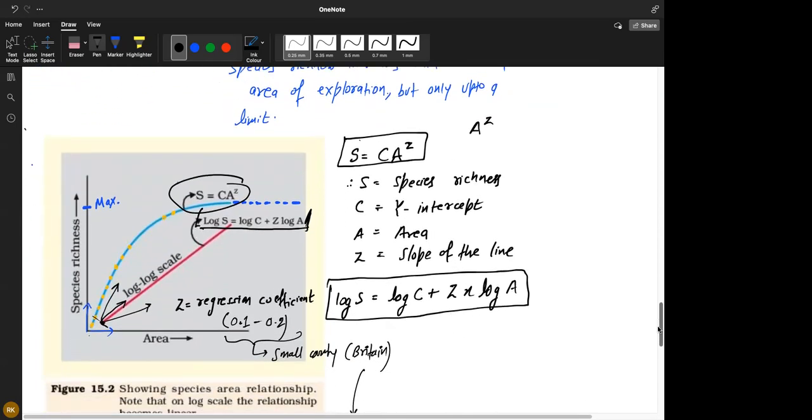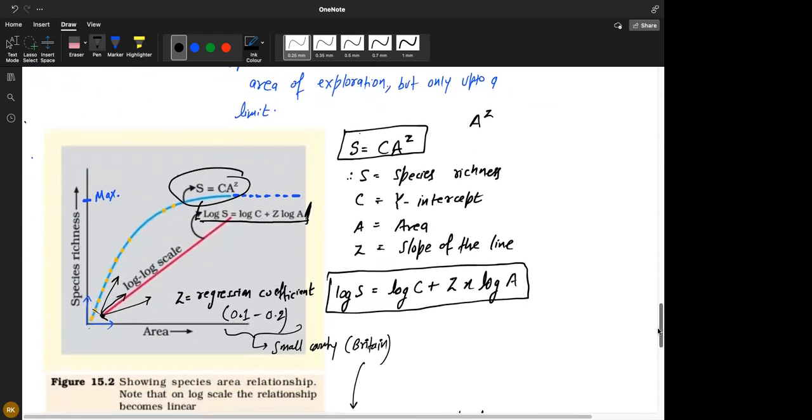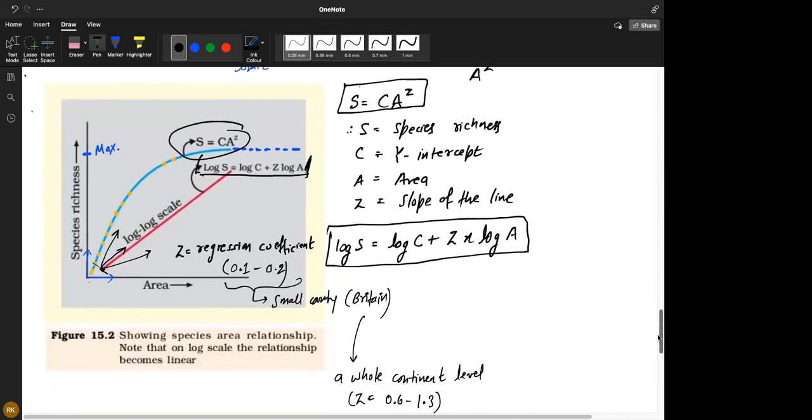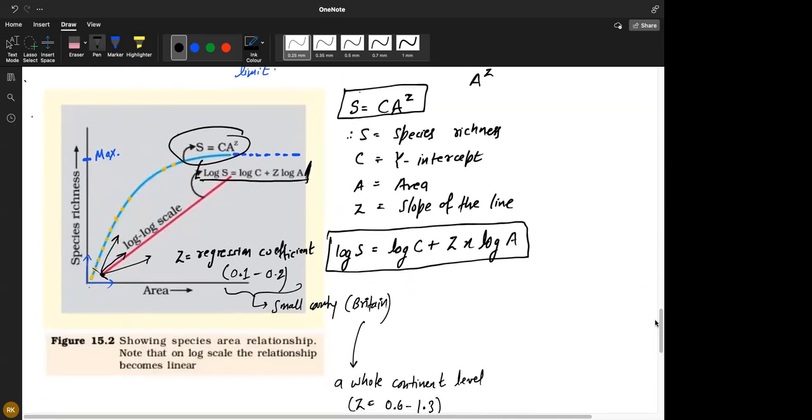From the graph, we can see that species richness rises, but at a point it becomes constant. This graph can be represented in the formula S = CA^Z, where S is the species richness, C is the y-intercept, A is the area, and Z is the slope of the line. If you take the log of all of these values, then the graph is a straight line. Correct.